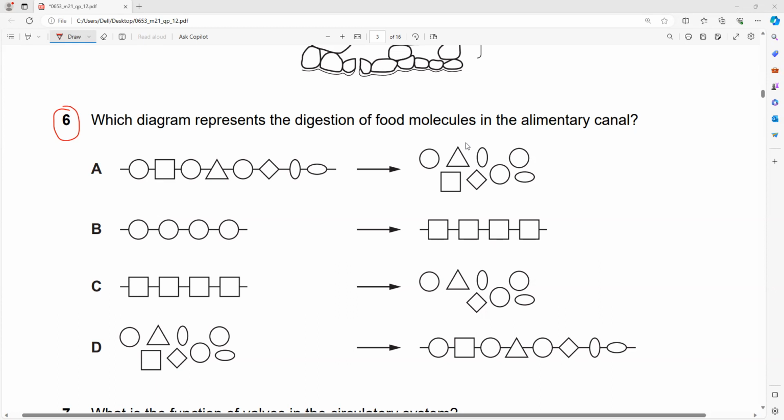So of course it is from mouth to the anus, the largest part in our body, where the various levels of food are digested. Now, which diagram represents the digestion of food molecules in the alimentary canal? That is the question.